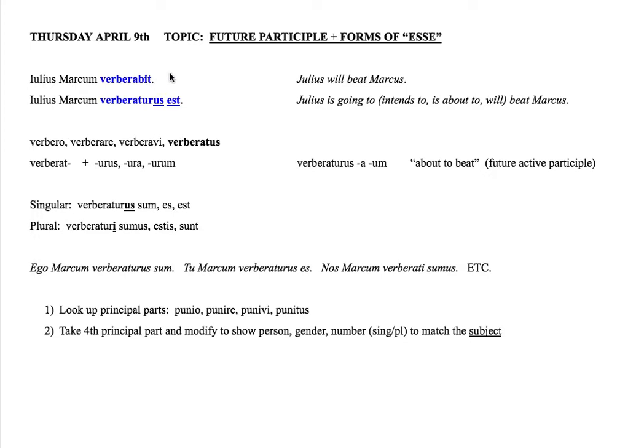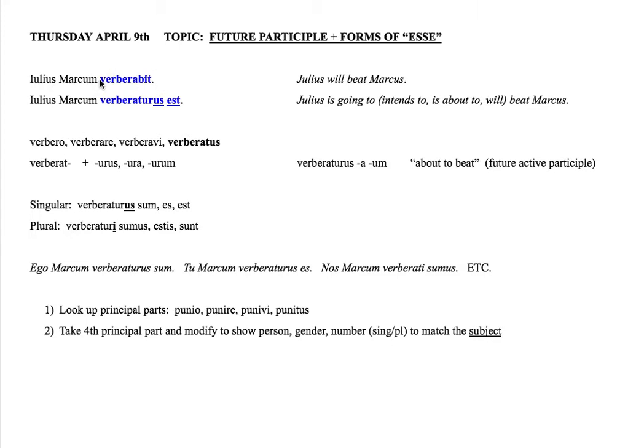Remember, there are two ways in which future verbs are formed in Latin. First and second conjugation: verberare is a first conjugation verb that uses this bo, bis, bit. So verberabo, verberabis, verberabit, etc. And other verbs like duco, ducere would be ducam, duces, ducet, ducemus, ducetis, ducent.